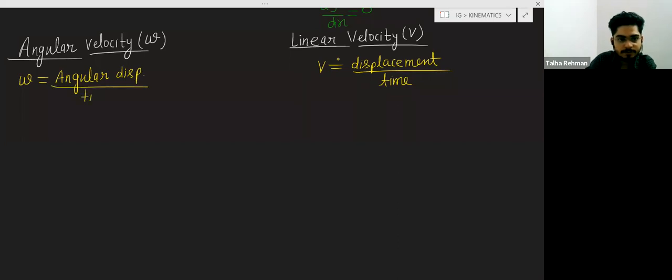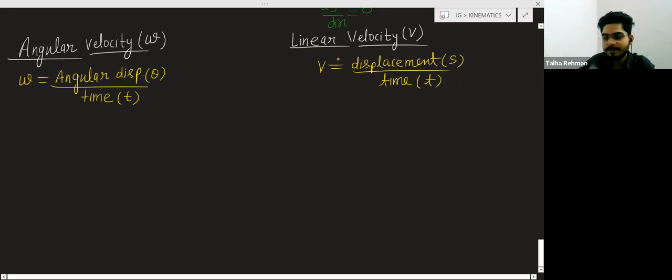So angular displacement is represented by theta and time is represented by t. Displacement is represented by small s, time t. This thing clear?